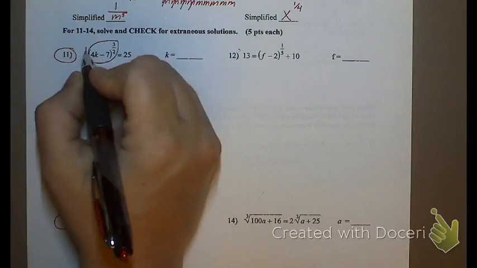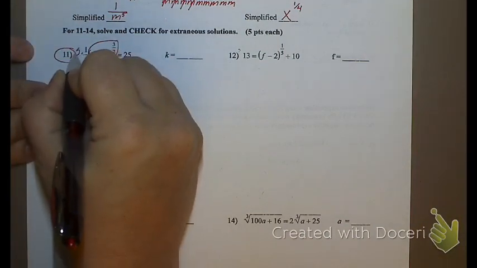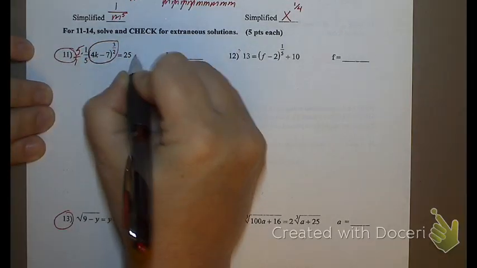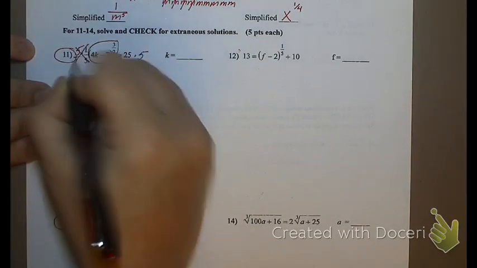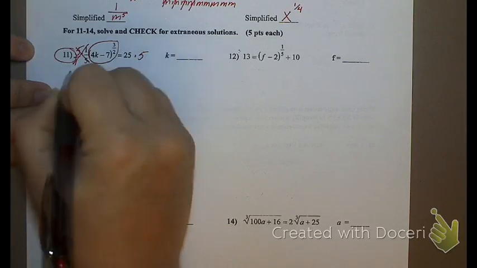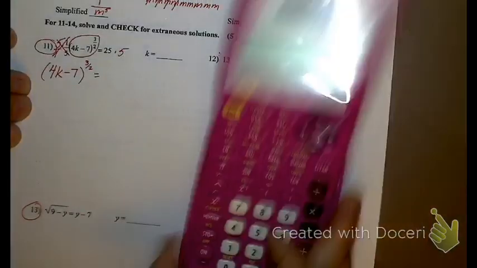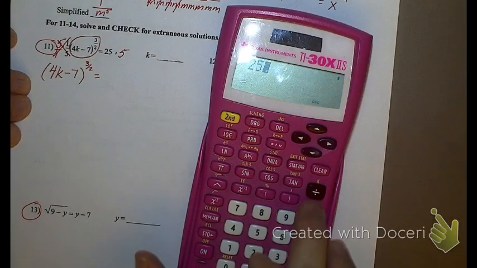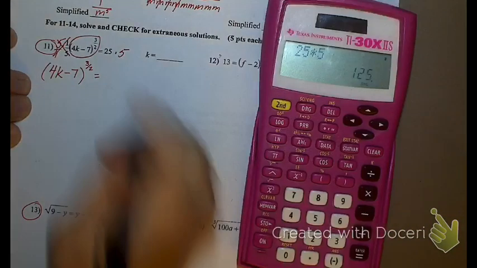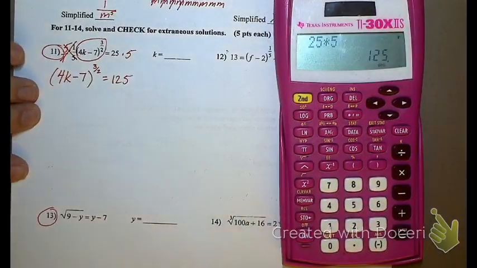So that would be multiplying by what? 5 over 1, which is just 5. That leaves me with 4k minus 7 to the 3/2 equals 25 times 5 is 125. And now I'm ready for my next step. What's my next step?